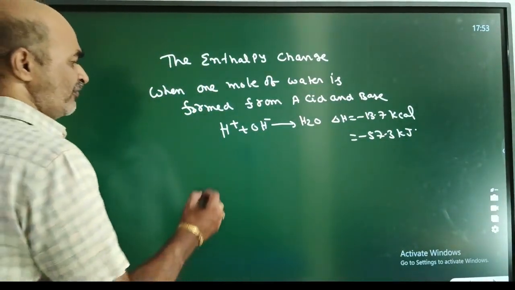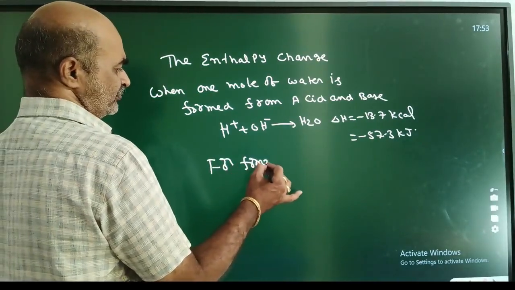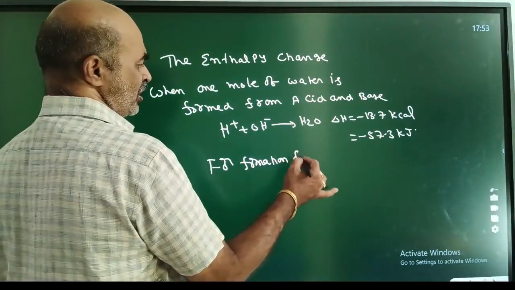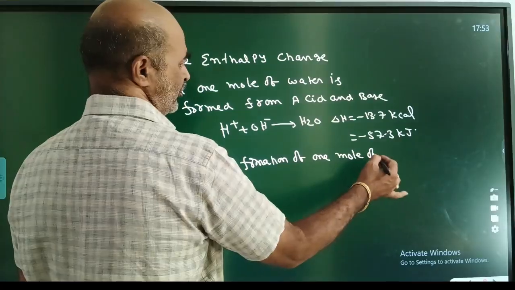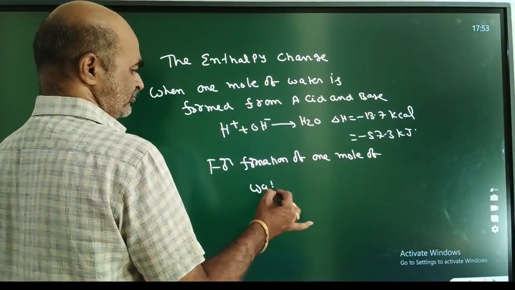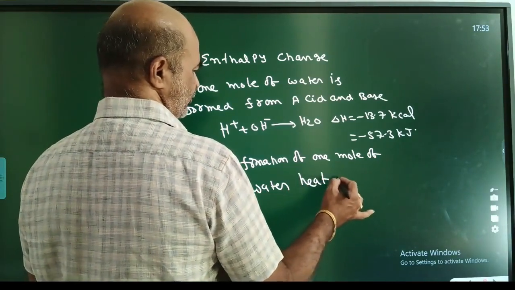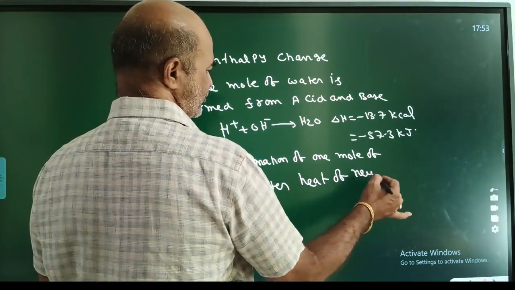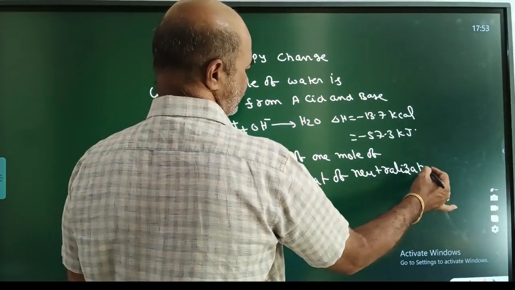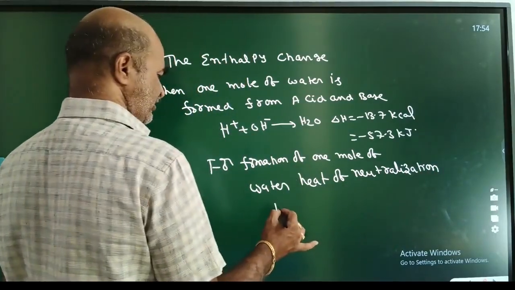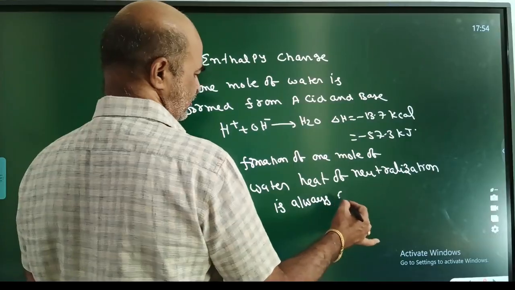So, for formation of 1 mole of water, heat of neutralization is always constant.